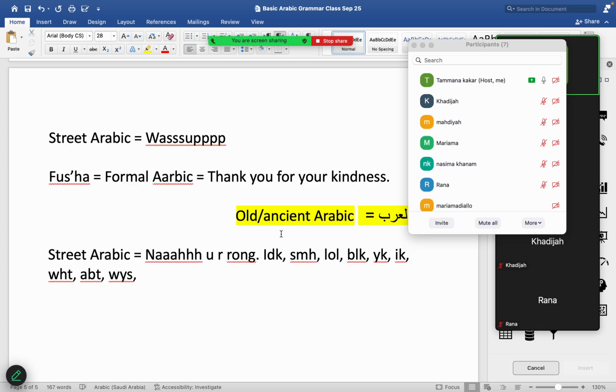Just like IDK, I don't know. If you give this word IDK to a 70-year-old lady, they would say, I don't know what this means, but a 10-year-old child will understand what IDK means, because this is spoken, written, understood in this time, not 70 years ago. So can you see the difference, how languages change?